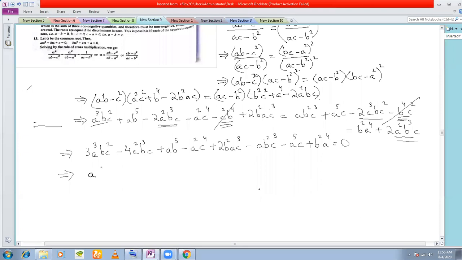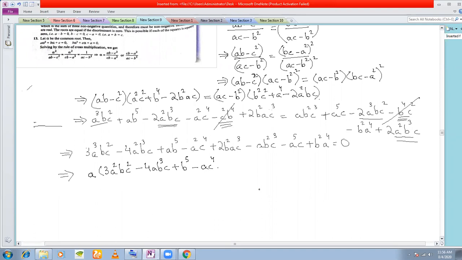A goes out, and then it will be b square b c square minus 4 b c plus e to the power of 5 minus e to the power of 4.